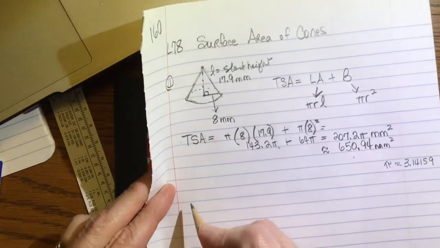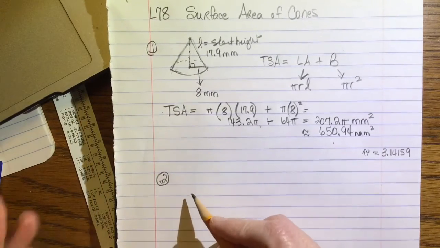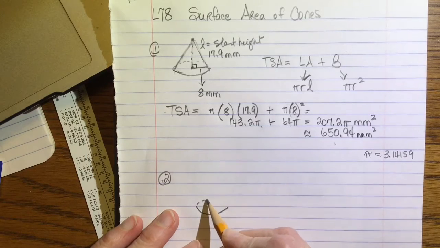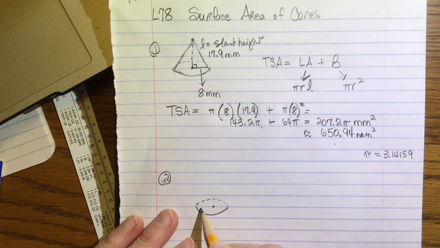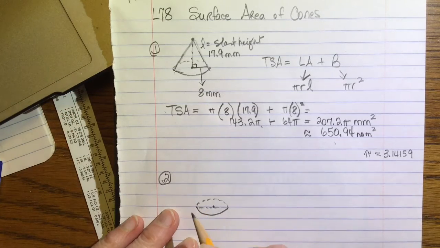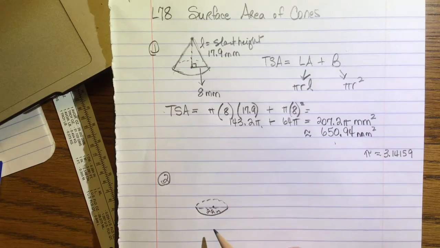Okay, number 2. Same drawing. Sometimes they're turned sideways. For me, I can just draw them easier this way. This time we're going to do the diameter. And usually when they give you the diameter, they'll put it underneath. So we're going to let the diameter be 22 inches.